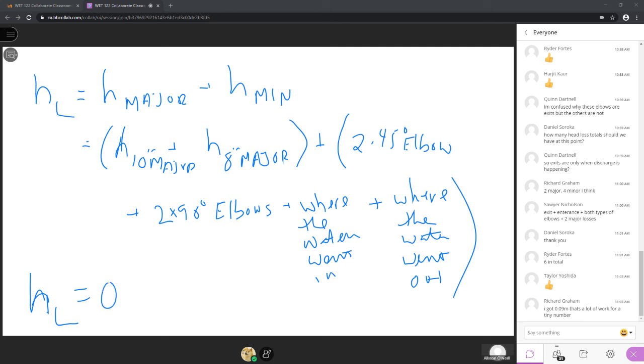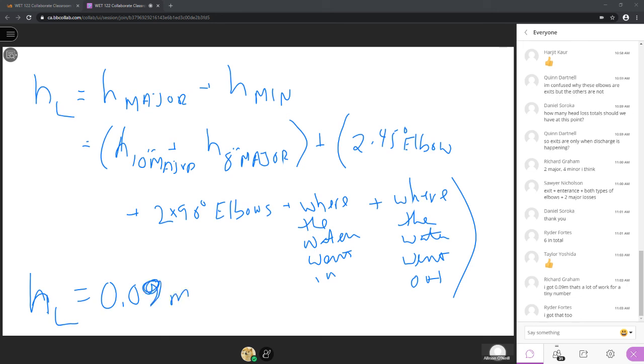It is a lot of work, isn't it? But I would ask you, Richard, to extrapolate this number to when you're pumping to a reservoir that is located kilometers away and has to go through a variety of bends and turns in order to get there.